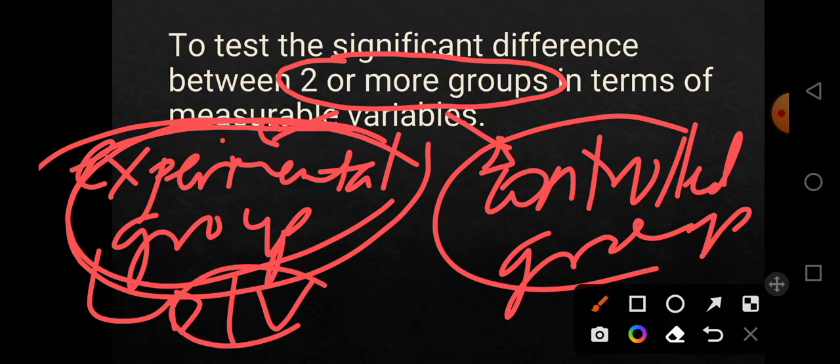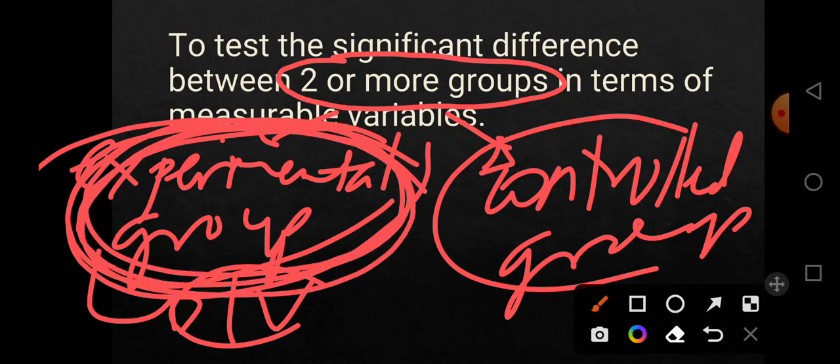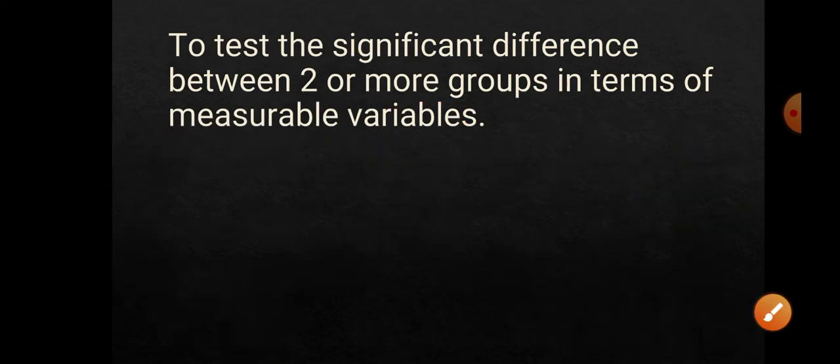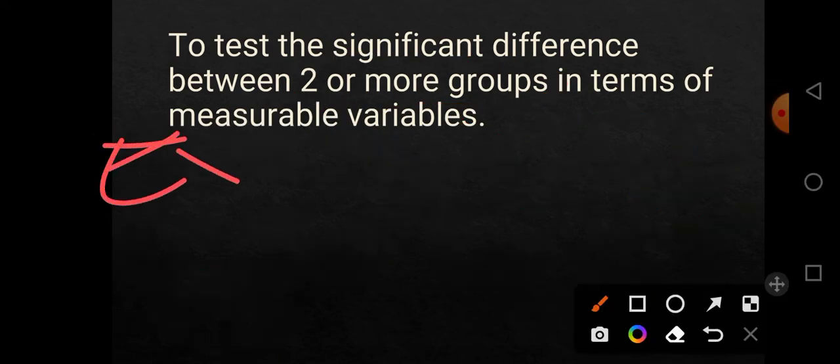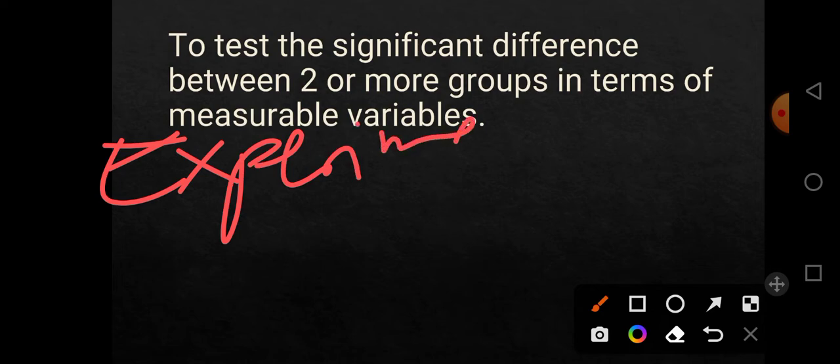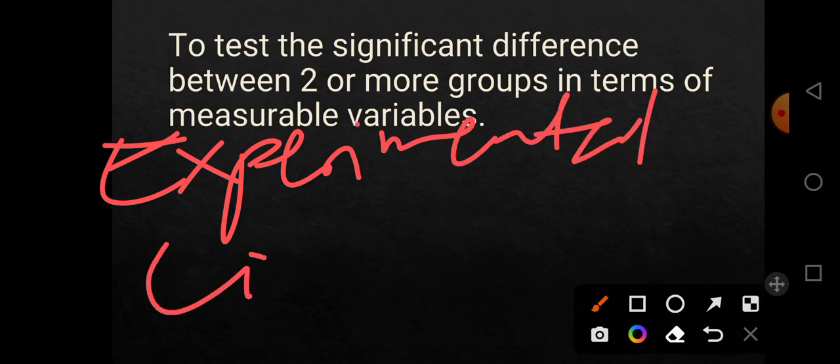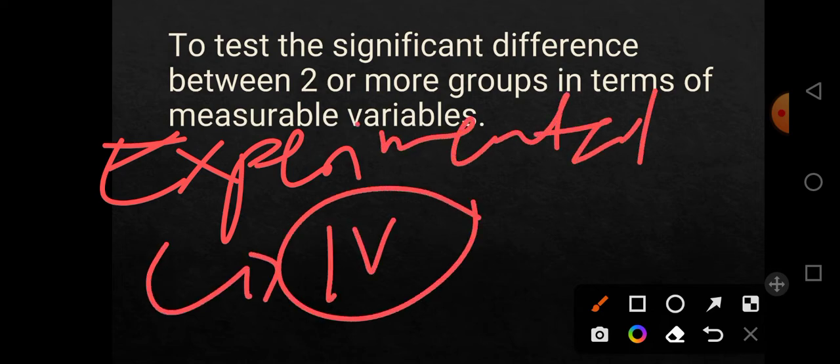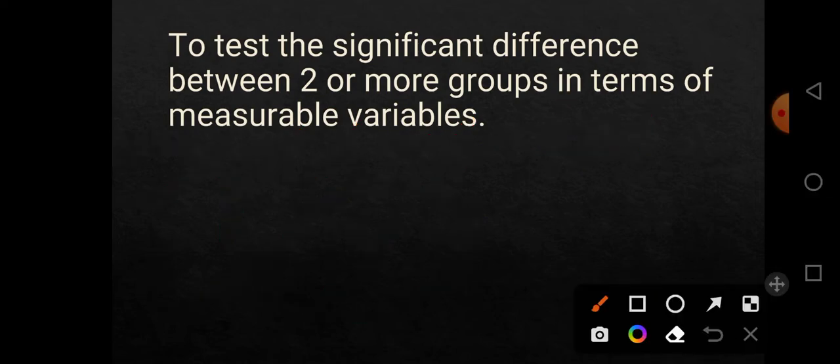So it is the group that will receive the experimental treatment of your independent variable. So that will be the experimental group, which uses the independent variable.